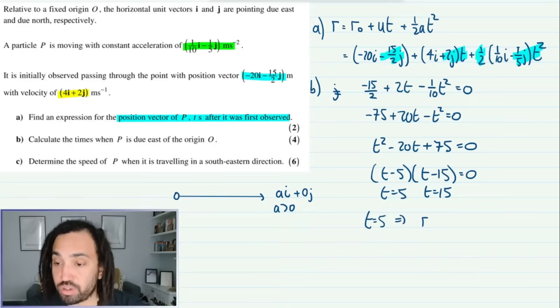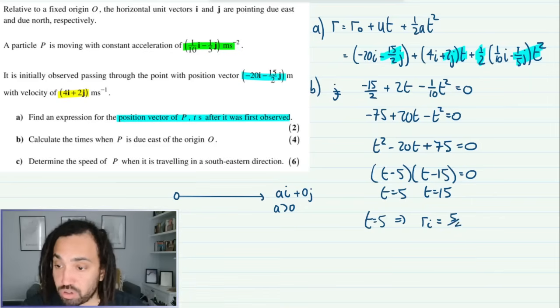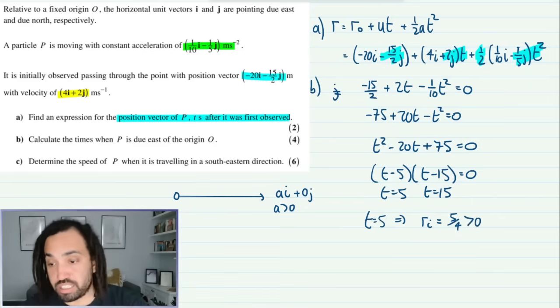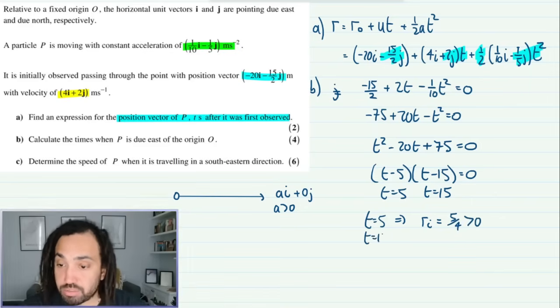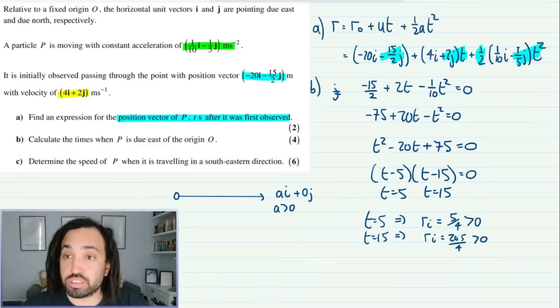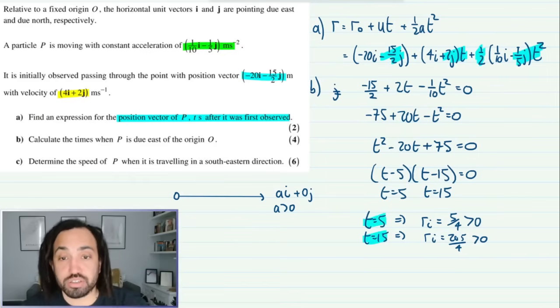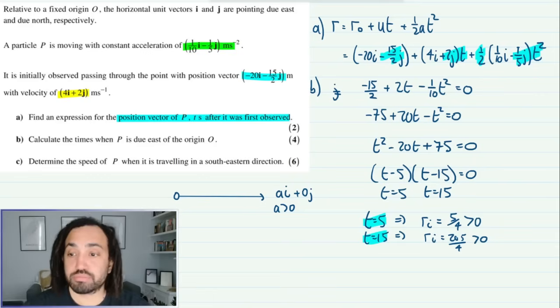That would give you an i position of 5 over 4, which is positive, which means it is to the east, which is good. And you'd sub in the other one as well, and that would give you 205 over 4, which again is positive, so again it means to the east. So the answers are t is equal to 5 and t is equal to 15. Those are the two times. Perfect.